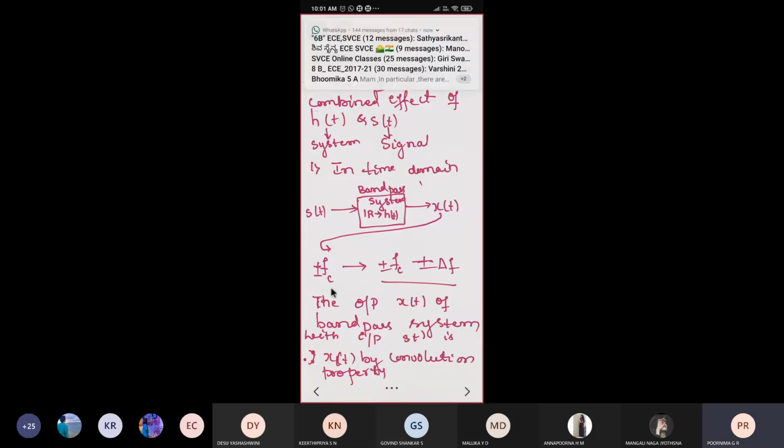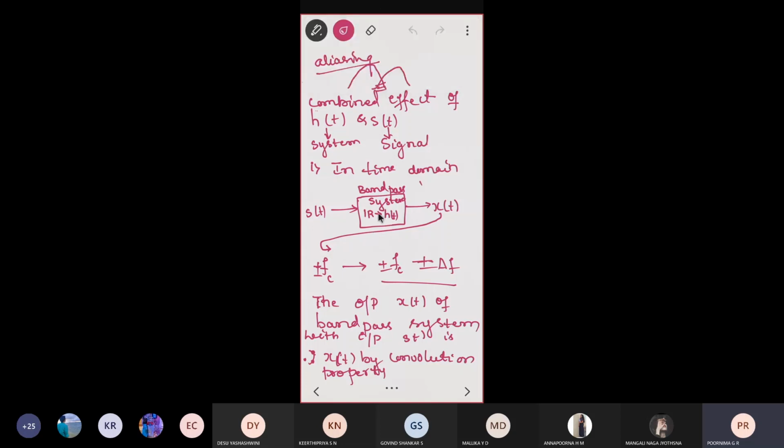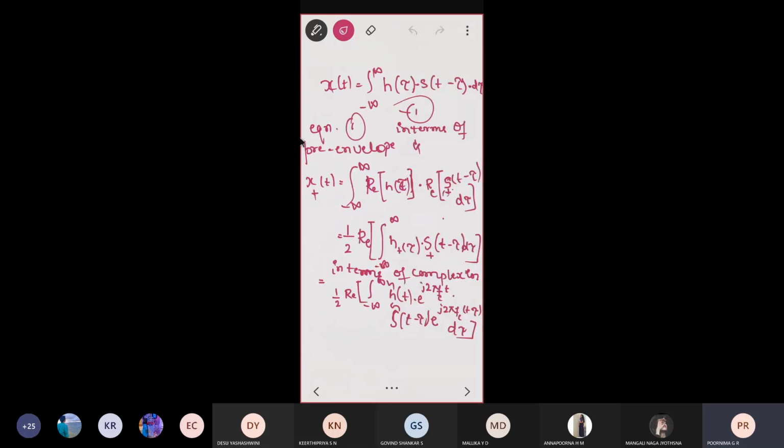Whenever s of t passes through a bandpass system having impulse response h of t, the output by definition is x of t, which in the time domain is equal to s of t, the bandpass signal, convolved with the impulse response of the bandpass system h of t.